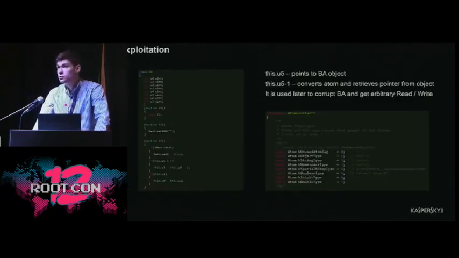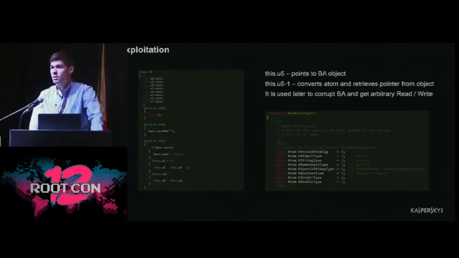In this exploit, we can see that as an instance of the C0 class, another instance is passed that extends the system class graphic control parameters. In this case, 0.5 will point to a byte array object, and substitution one will convert this object and retrieve its pointer, which will be used later to corrupt the byte array and get arbitrary read and write.